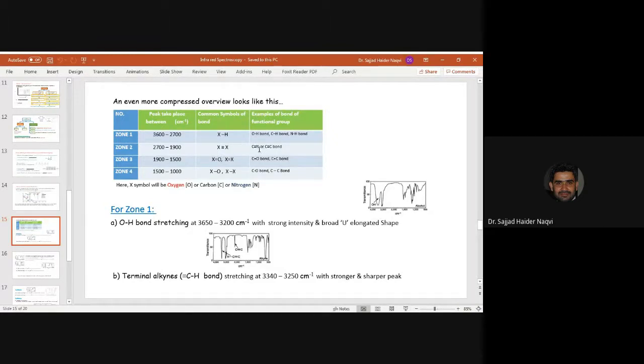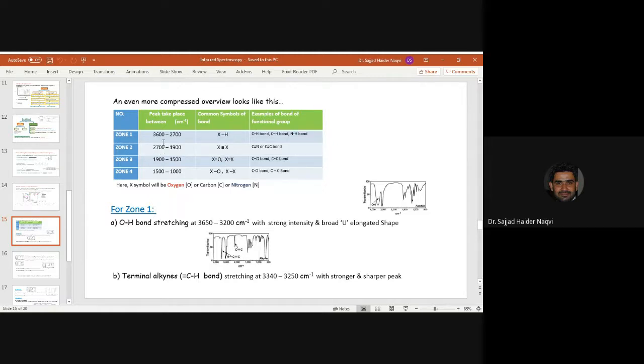So it could be a carbon-nitrogen triple bond or a carbon-carbon triple bond. Then this one is a double bond, which could be between the same atoms or different atoms, as in the CO case. And this one is either a CO bond or a CC bond. So these are the four regions, their wave numbers, and the common symbols of the groups that we identify.